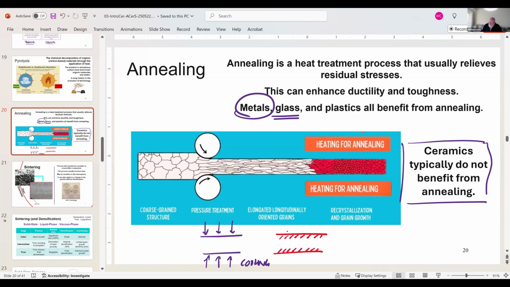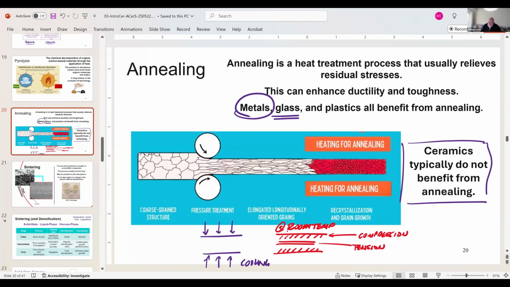This is when cooled at room temperature. So this surface is under compression, and the center is under tension.